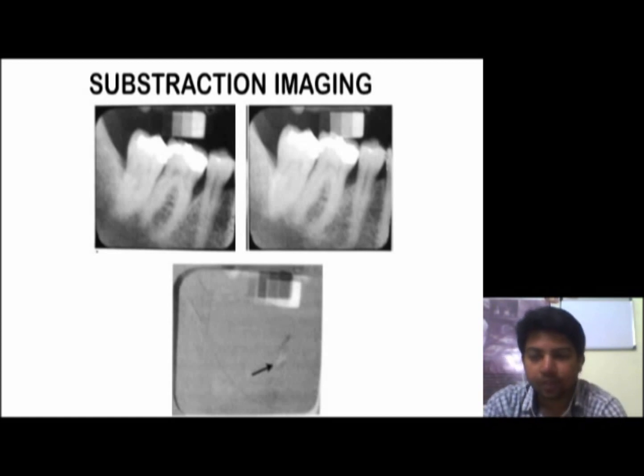If we see here, there is some grayish change seen over the third image. It is because of the new bone formed. So the loss is seen as a radiolucency and the gain is seen as a radiopacity in subtraction imaging.